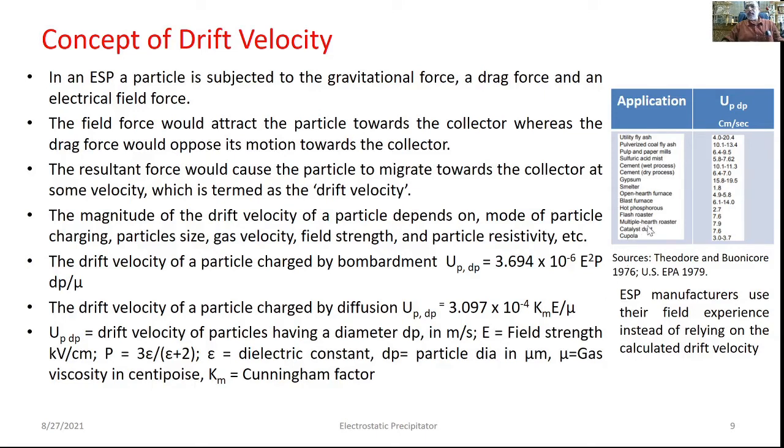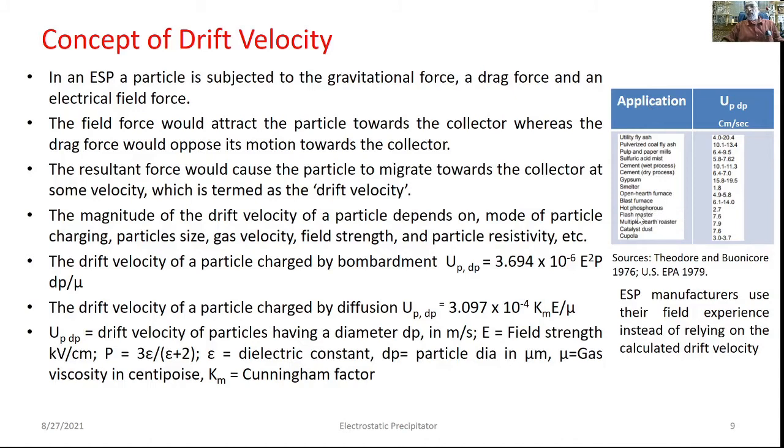As you see here, the drift velocity could vary according to the various applications, as shown in this table.